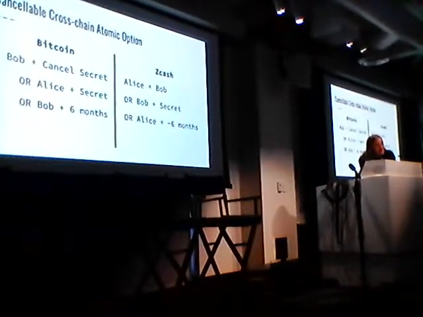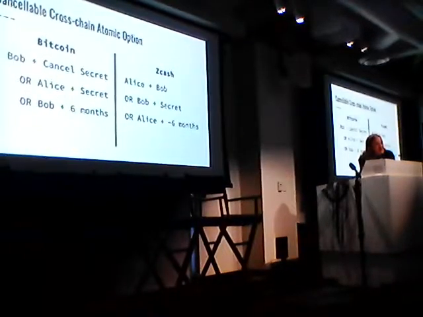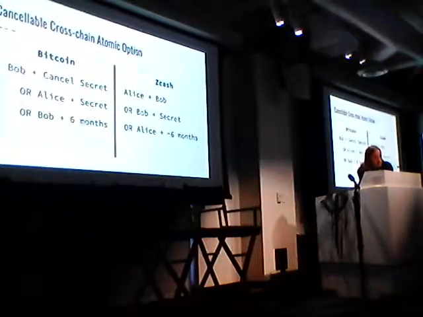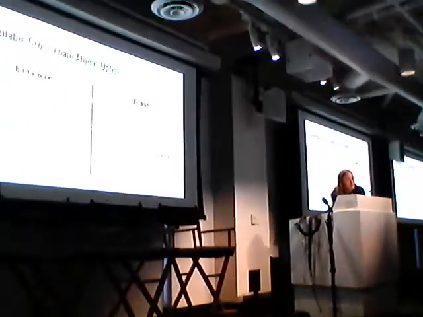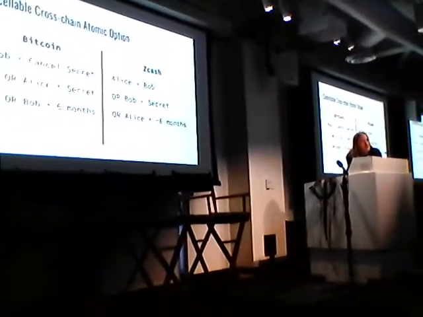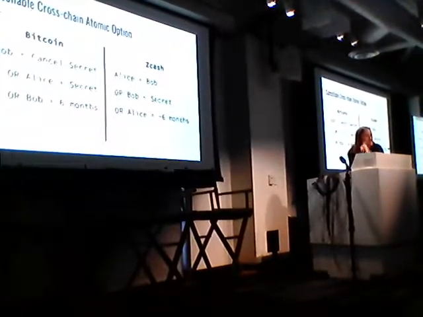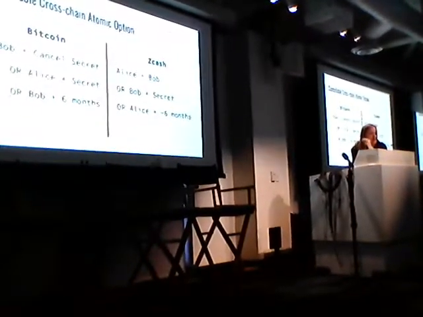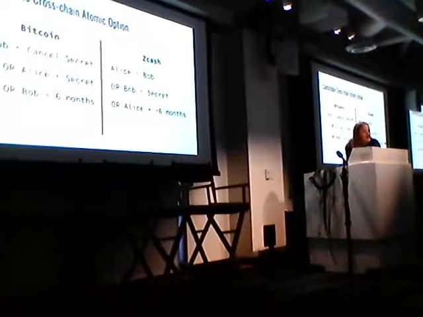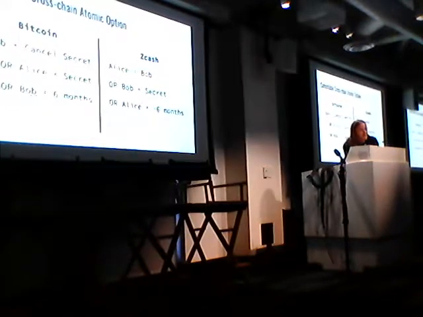So what Bob and Alice need to communicate to each other is one pub key per person per chain, and then the hash of the secret. They also need to communicate the terms of the contract, which is which assets, how much of each asset, and what the duration is. But one pub key hash each plus the secret hash.